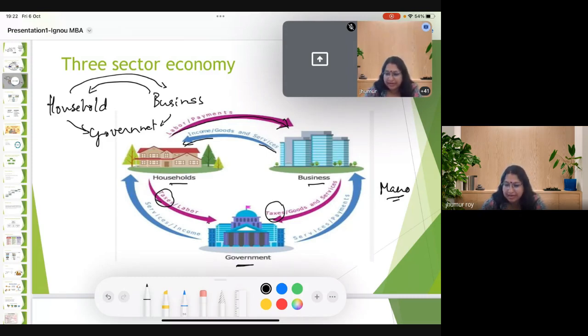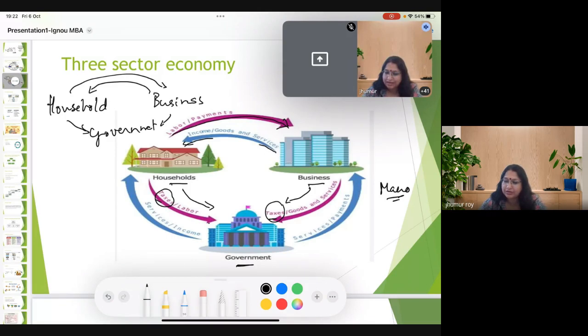That's why both the arrows are in this direction. From the household, if you are earning money, you are paying income tax. From the business also, they are paying professional tax and corporation tax. So both of these areas are ending up paying taxes to the government.